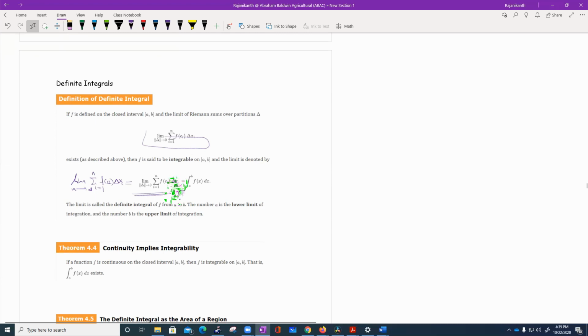That is why you have delta x in the previous formula. We fix this throughout the subintervals. That means we have equal-length subintervals, which is very convenient to work with.